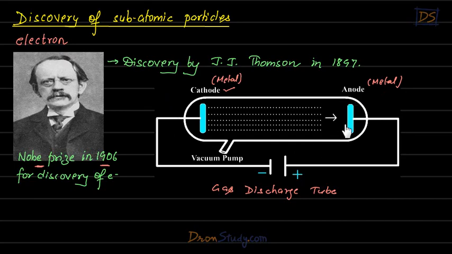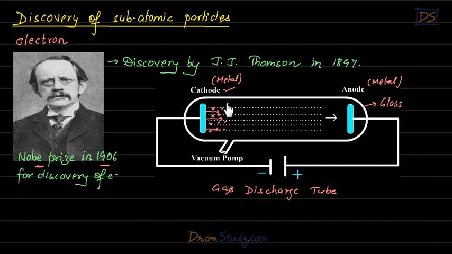And this box is made of glass, so it is transparent and anything going on inside can be seen. In certain circumstances, J.J. Thomson noticed that some small particles were coming out from the cathode.